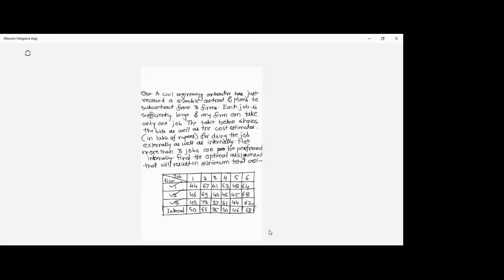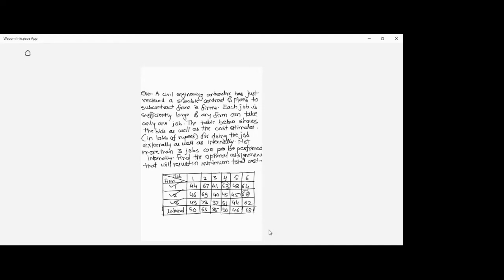So if firm 1 is doing job number 4, it is going to require 53 lakh rupees. Similarly, if firm number 2 is willing to do job number 6, that is going to require 68 lakh rupees, and likewise. He can also do particular jobs internally, and for internal work the costs are also given.